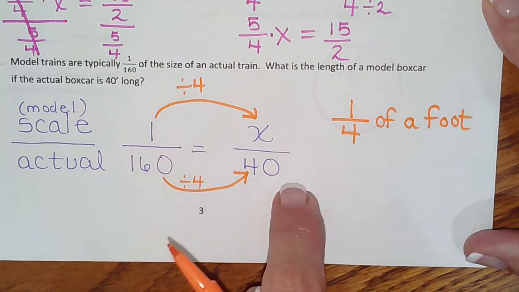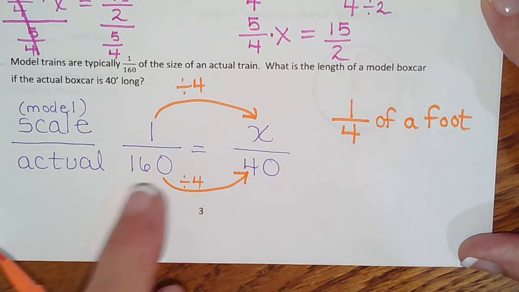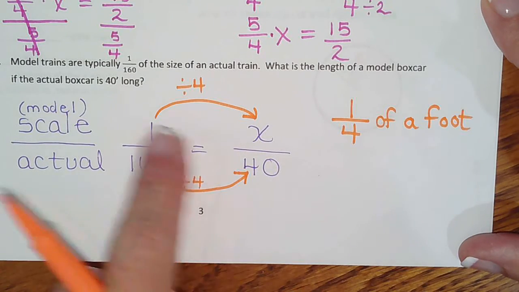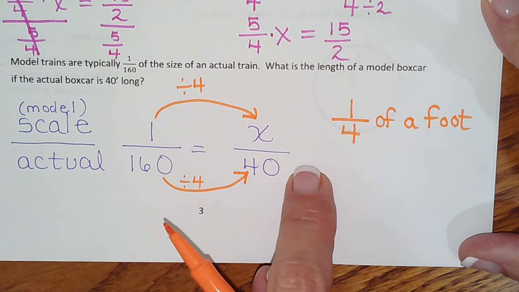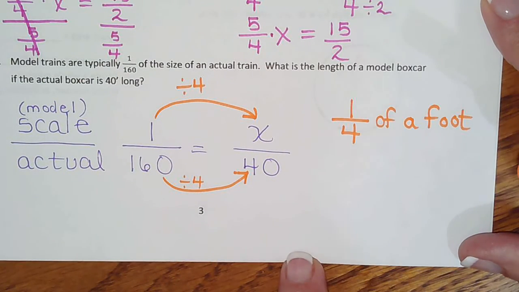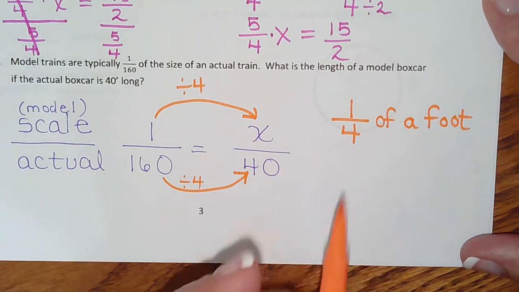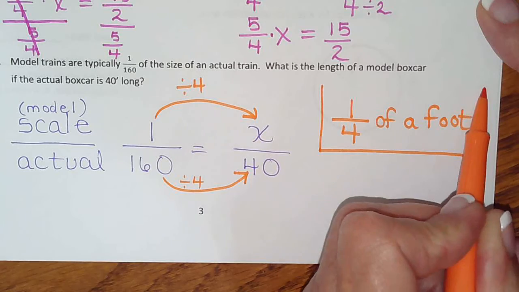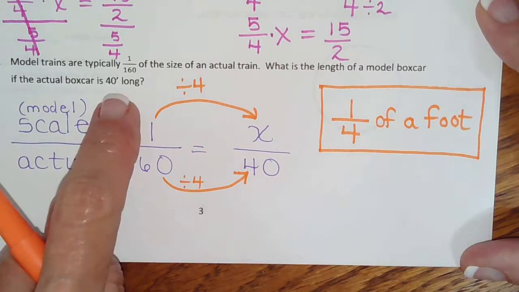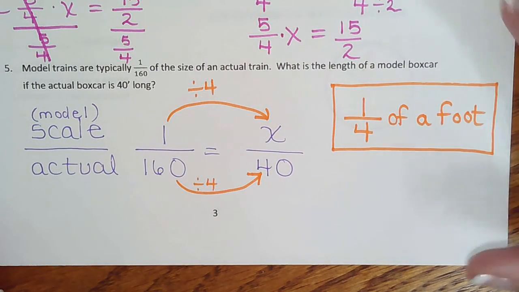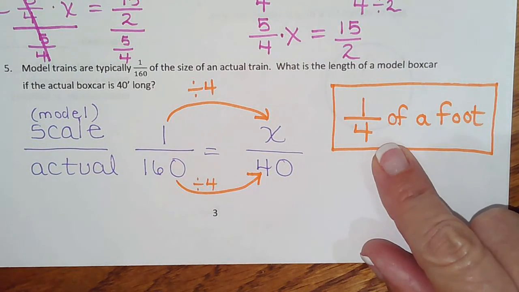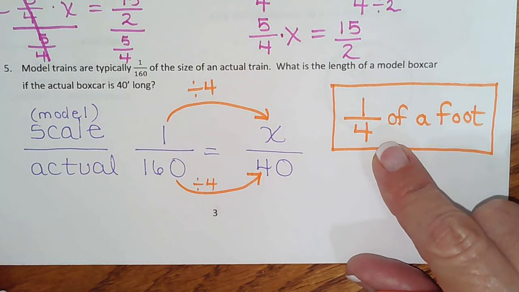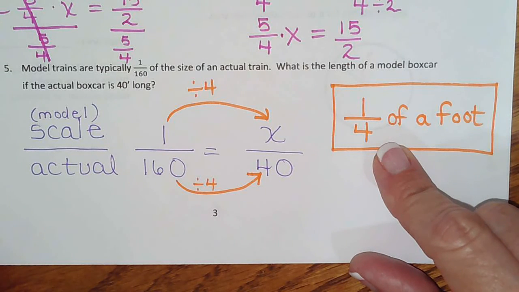Could you have done this the other way? Absolutely. Yep, you would have had 160 x equals 40, and your answer would have been 40 over 160. You would have crossed out the zeros and got 4 over 16, which is 1/4 of a foot. So if a real train is 40 feet long, then a model train would be 1/4 of a foot, and 1/4 of a foot is what, 3 inches? 4 into 12 is 3.